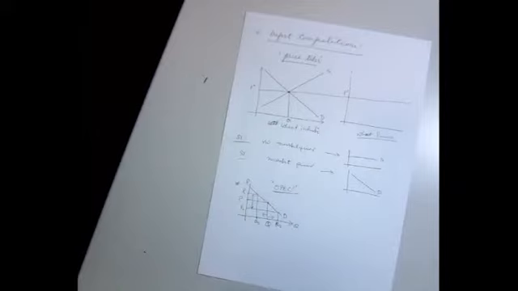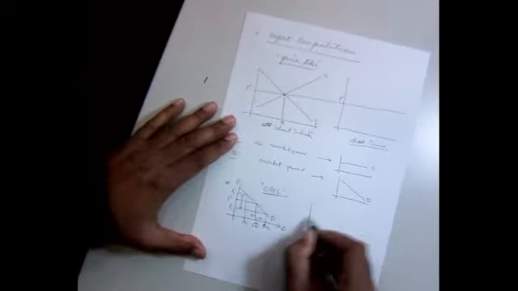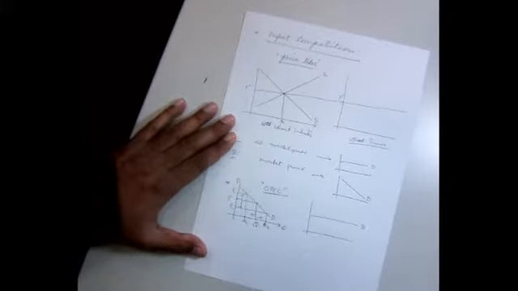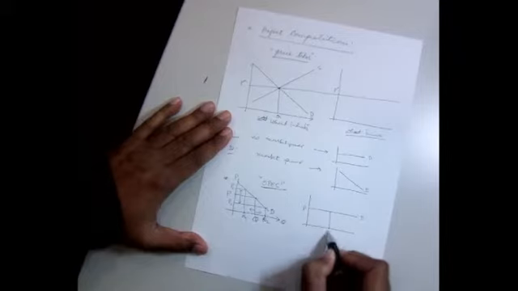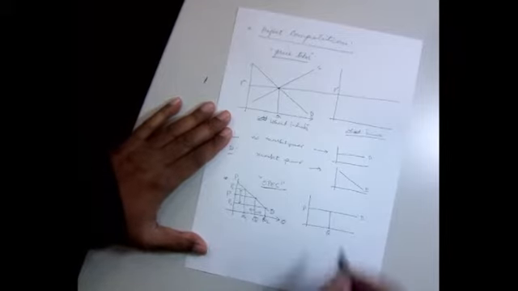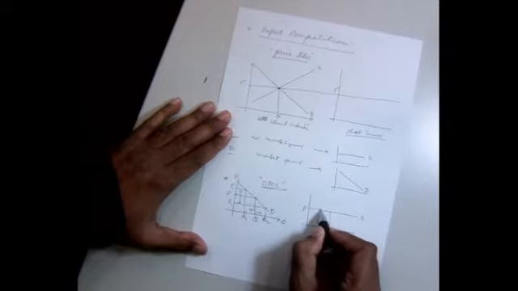Now suppose the demand curve, instead of downward sloping, is like this. I'm going to do the same kind of analysis. So this is price. Initially, my Q is this. Now suppose I cut back my production from Q to Q1. Does it change my price?